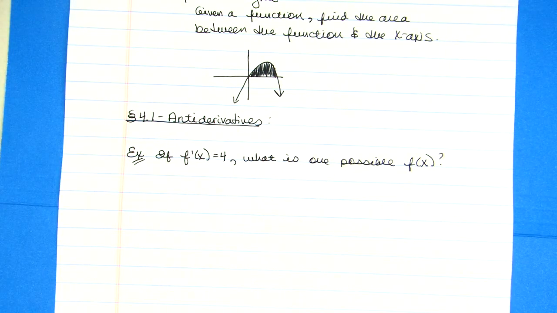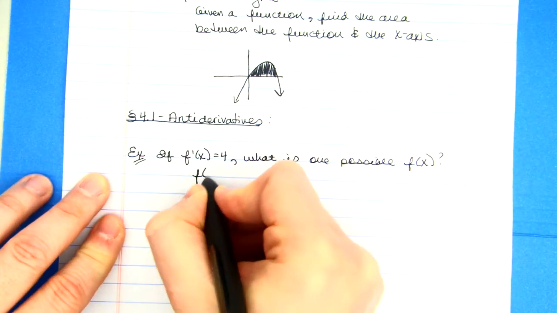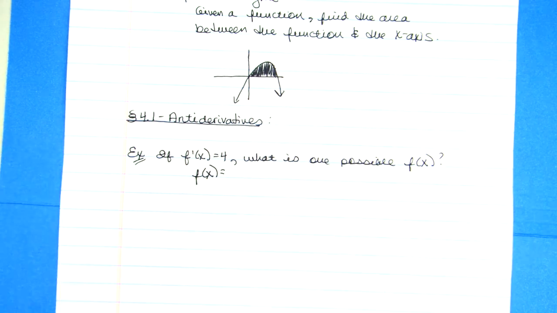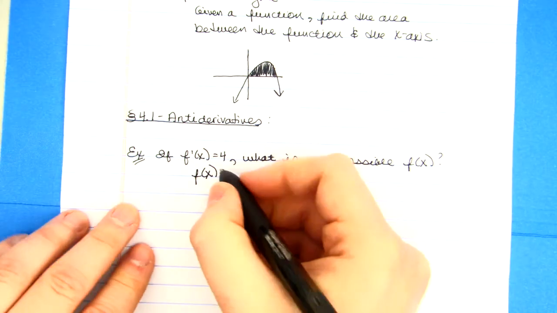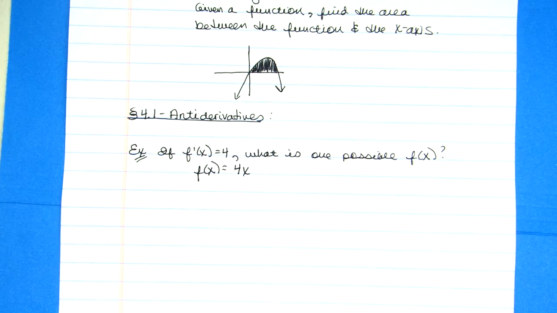If I'm telling you the derivative of some function is 4, what's one possible f of x? Well, can you give me a function whose derivative is 4? I'm guessing you probably said something like 4x, because the derivative of 4x is 4.